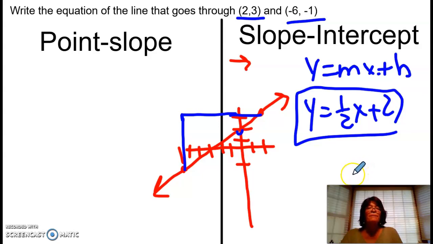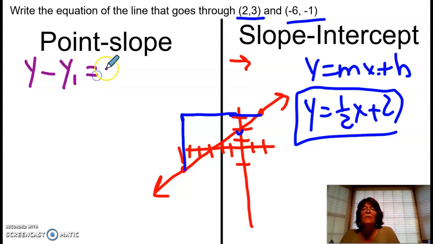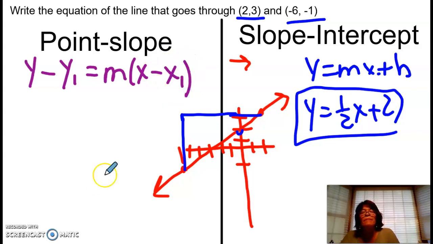All right. Point slope, guys, I know we don't use it tons in Algebra 2. It's y minus any y coordinate on the line equals the slope times x minus any x coordinate on the line. Okay, I mean, you have to pick one point. (x1, y1) is just one of the points on this line.